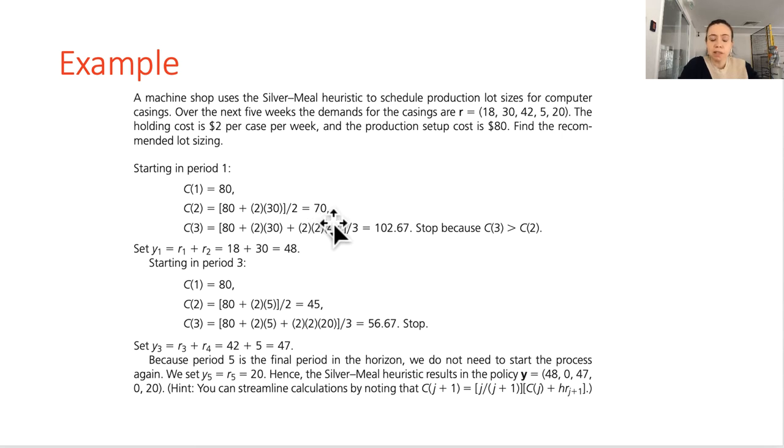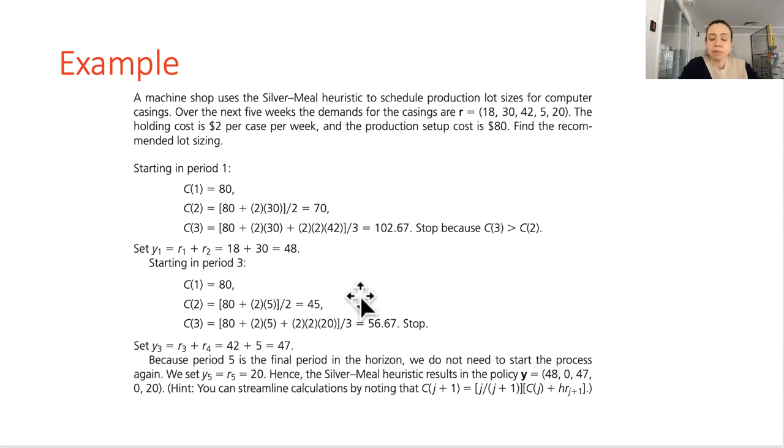And I check if it is greater than or less than the C value of the previous period. It is less than, so I continue my calculations and I calculate C3. Now I am making the production of the first period, second period and third period. I have a setup cost, I have inventory holding cost, and I divide it by 3 to find the average cost, and it is 102. So it is higher than 70, so I stop because C3 is greater than C2.